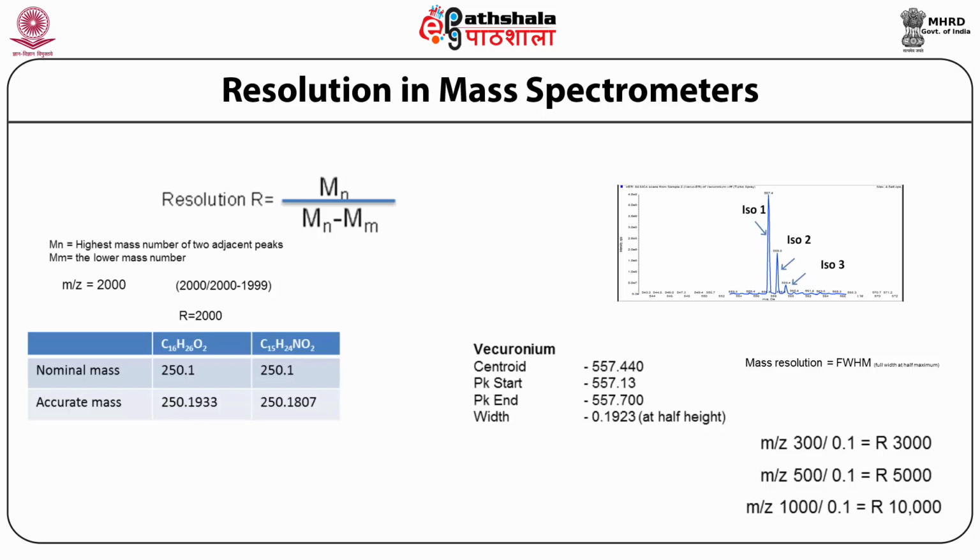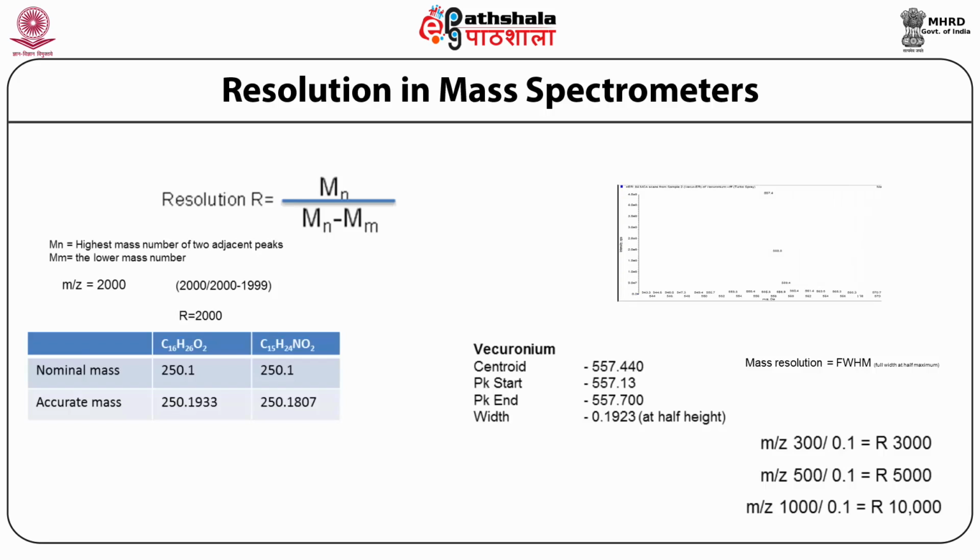So a mass of 300 with a difference of 0.1 will be a resolution of 3000. But at the same time, at a mass of 1000, the resolution is 10,000. Therefore, this resolution capacity of the instrument determines how accurately you can determine the molecular weight of proteins.